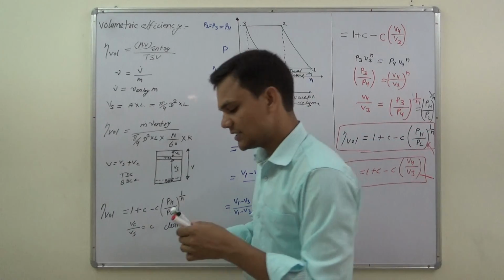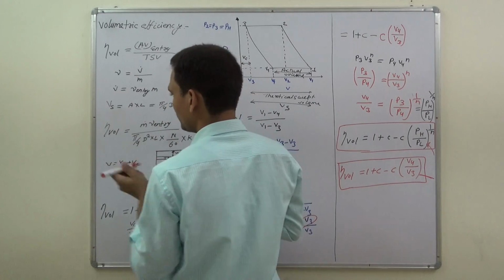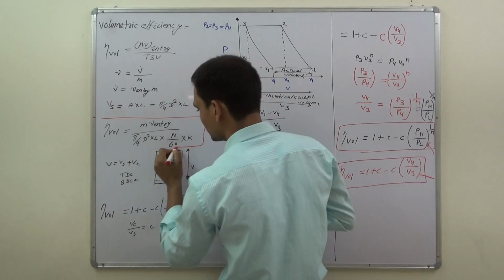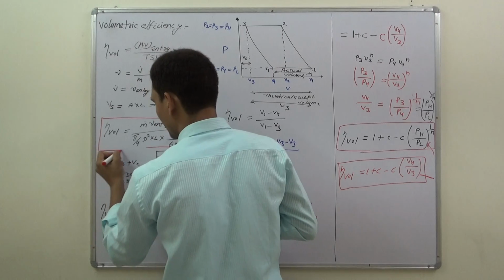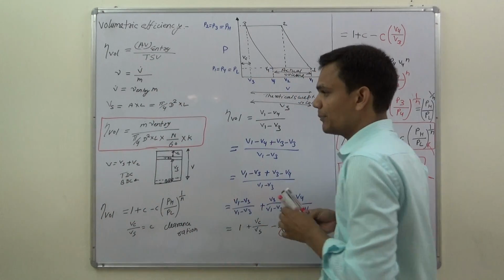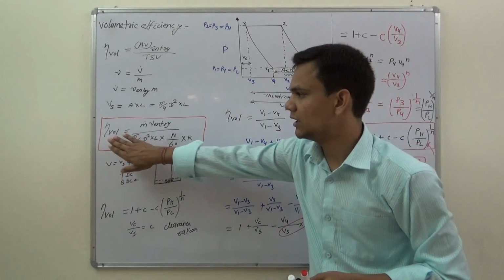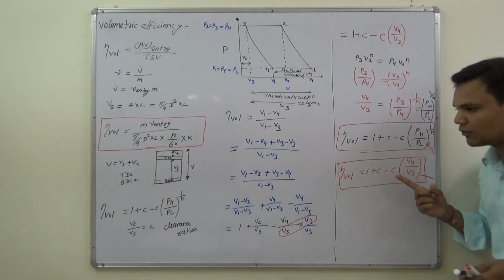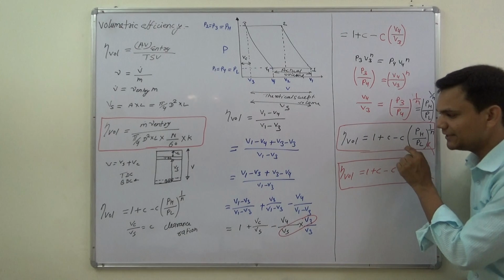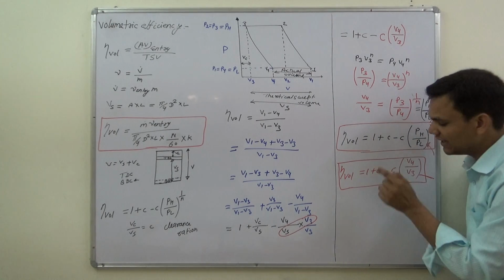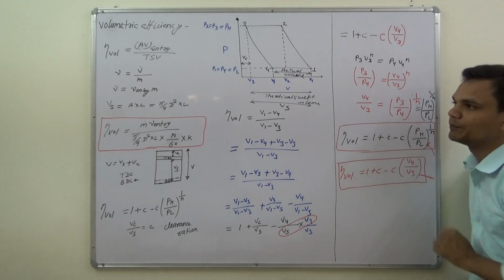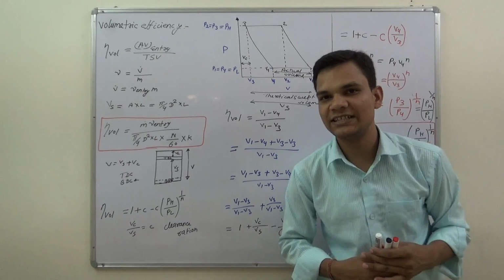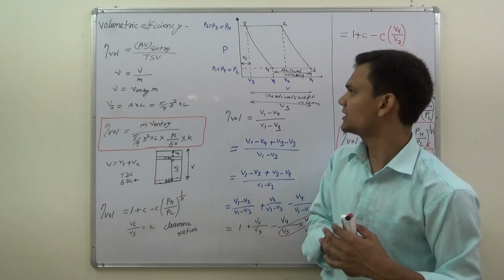These are useful formulas for us in solving compressor problems. This is one formula of the volumetric efficiency, and these are two other formulas, one in terms of pressure and another in terms of volume. So this is about volumetric efficiency of the reciprocating compressor. Thank you.